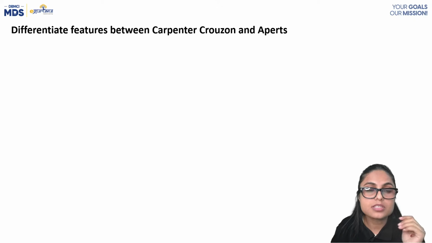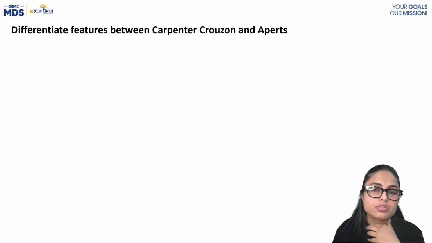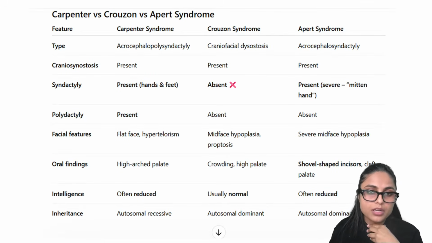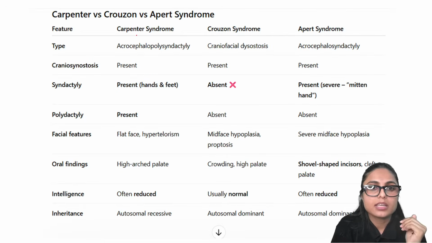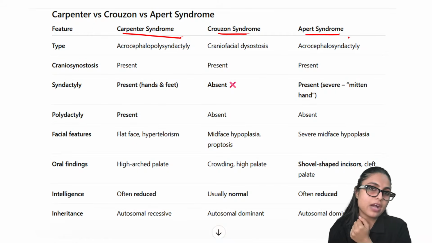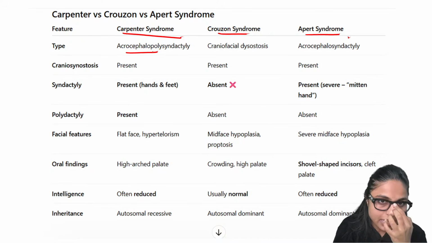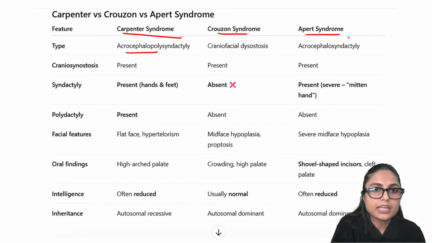Next, different features between Carpenter, Crouzon and Apert syndrome. Basically these three syndromes involve acrocephalopolysyndactyly.